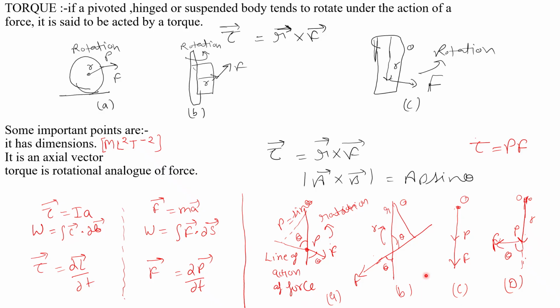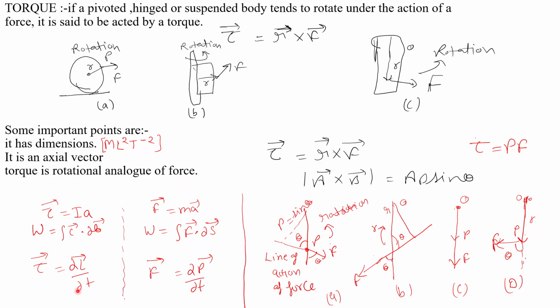Next, torque is for rotatory motion, and in rotational motion it plays the same role as force plays in translatory motion. Torque is the rotational analogue of force. Some important formulas in rotational motion and translatory motion are tau vector equals I alpha vector, and F vector equals m a vector.